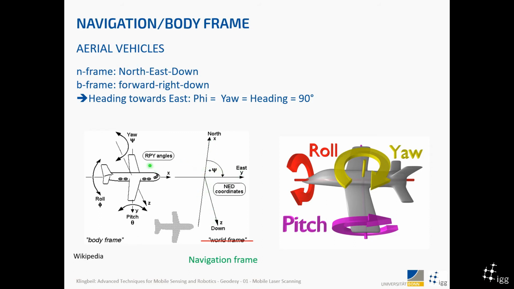Again, the axes coincide if the plane is flying east, and then in this case the heading is 90 degrees, right?